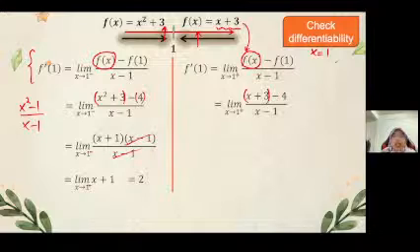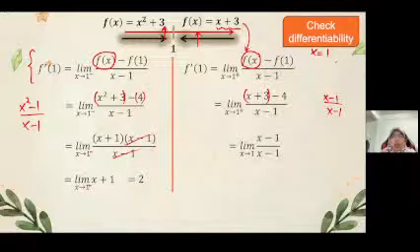So x plus 3 minus 4, simplify them, they become x minus 1. So we get (x minus 1) over (x minus 1), which can be simplified to become 1. So this is simply the limit for x approaching 1 on the right hand side of 1. Since this is simply a constant, we just get the constant itself, which is 1.